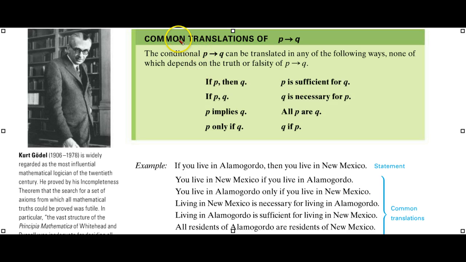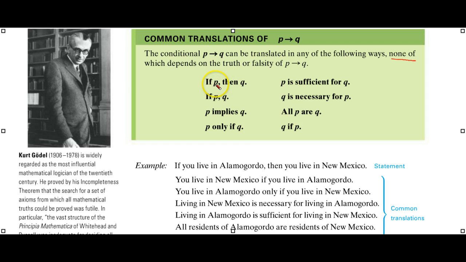So we're looking now at some common translations of P yields Q. And none of them depend on the truth or falsity of the conditional P yields Q.